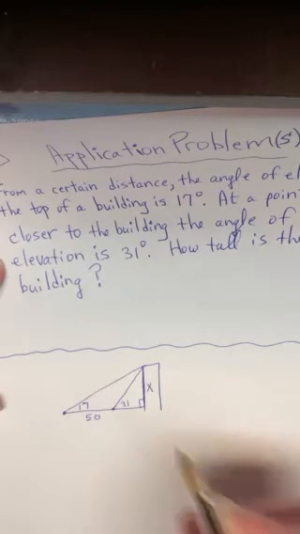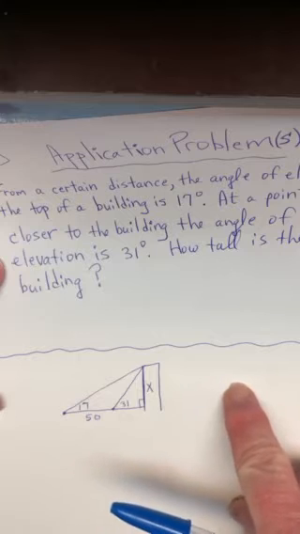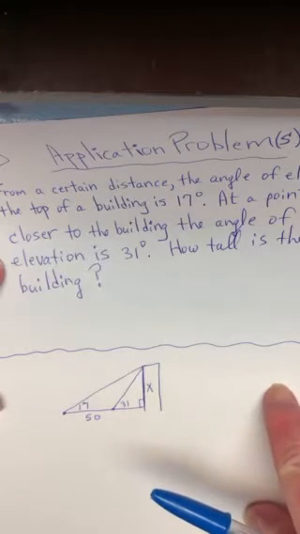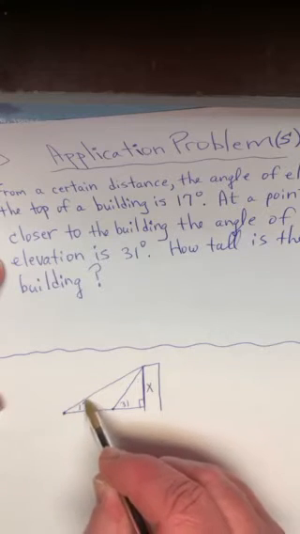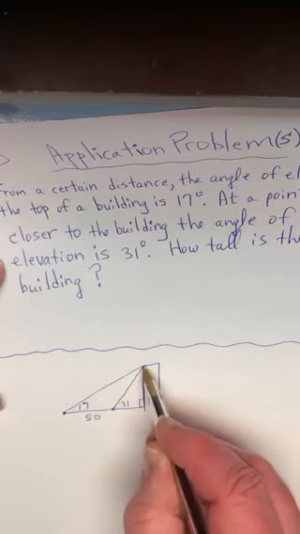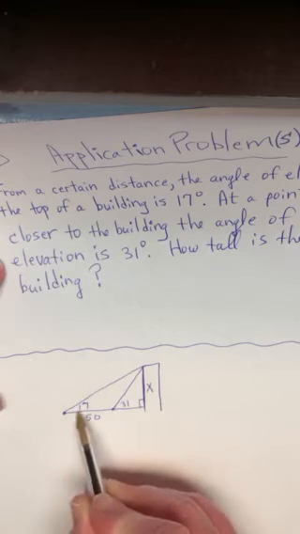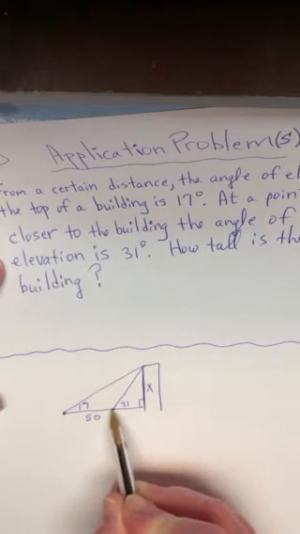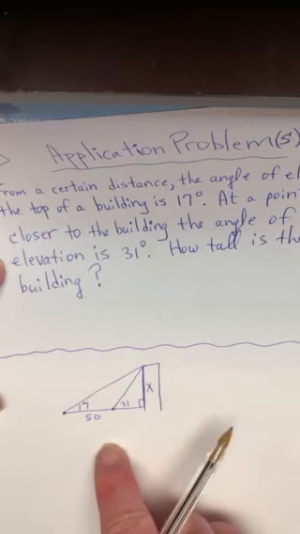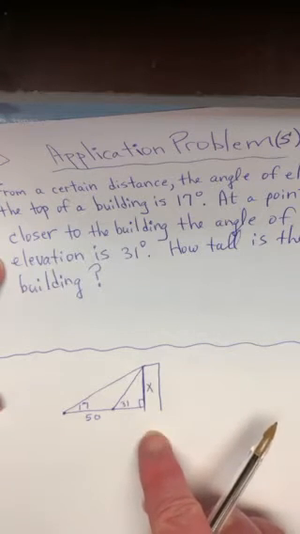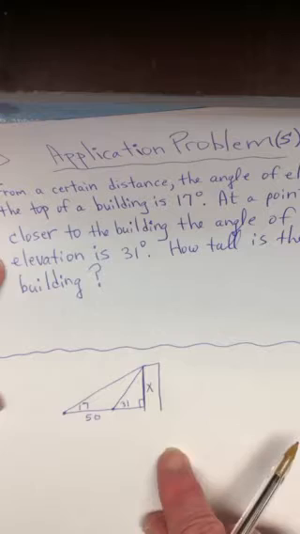Tangent. And we would write the tan of 31 degrees equals X over Y. Then we would go to the 17 degree angle, and the opposite side would still be X, but the adjacent would be 50 plus Y, and we wrote the tan of 17 equals X over 50 plus Y.